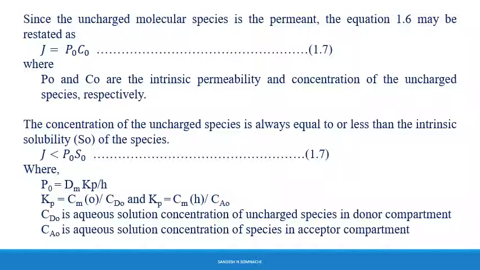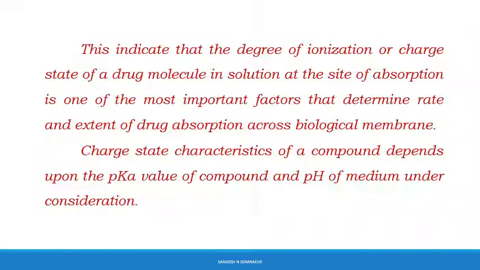So based upon this, we can state that the degree of ionization or charged state of the drug molecule in the solution at the site of absorption is one of the most important factors that determine the rate and extent of drug absorption across a biological membrane.